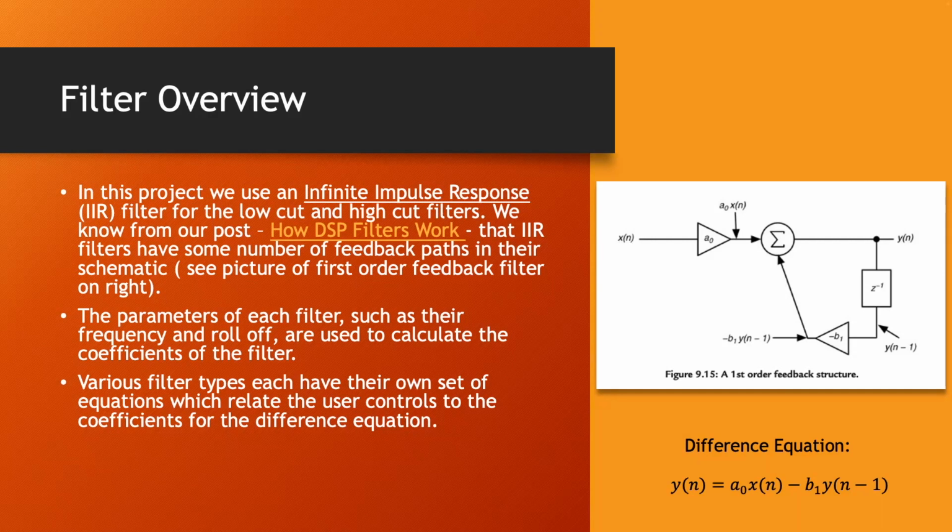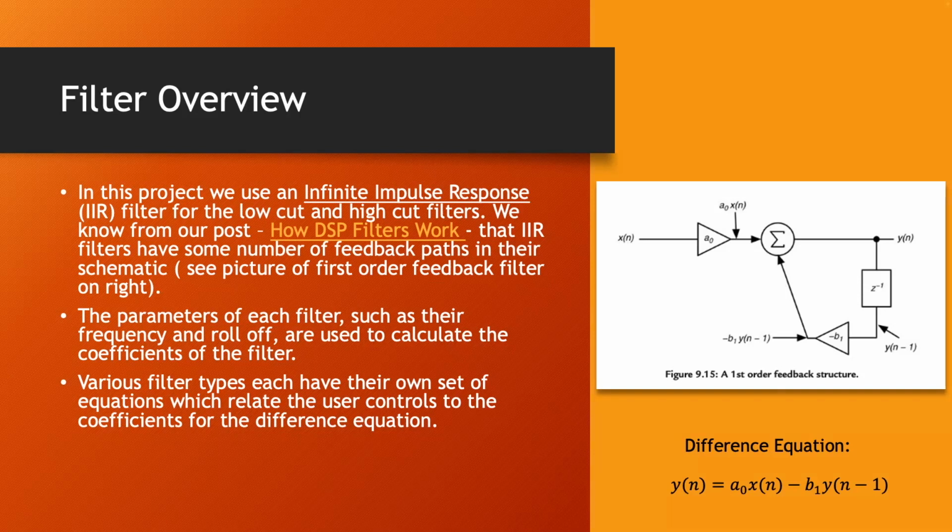For this project, we used an infinite impulse response, or IIR filter, for each filter. We know that these types of filters have some number of feedback paths in their schematic as shown in the picture. The filter diagrammed here is a first-order filter, so the difference equation is very simple. Two questions naturally arise from this.